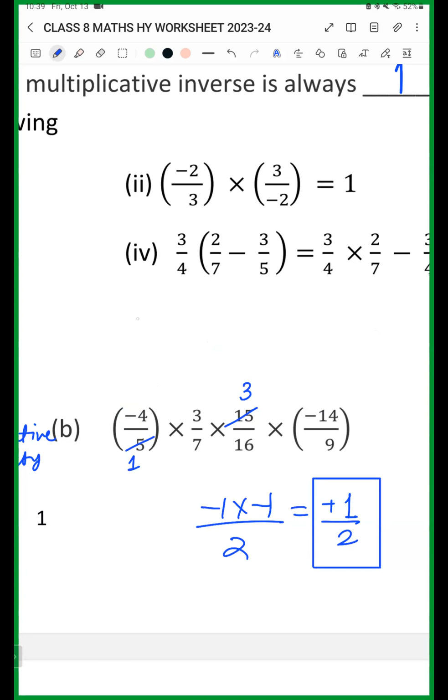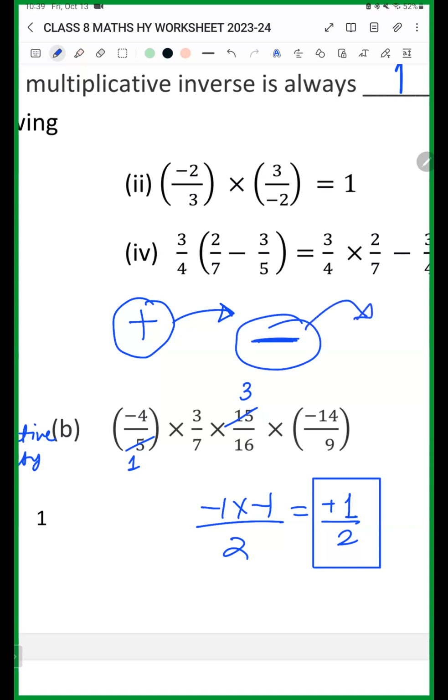See, but positive never changes the sign of anything. Positive is always positive. It is the negative one which is notorious, which changes the signs of other numbers. So if I have a positive number over here, and if I multiply it with a negative sign, the negative sign will change the sign of the number inside the bracket.